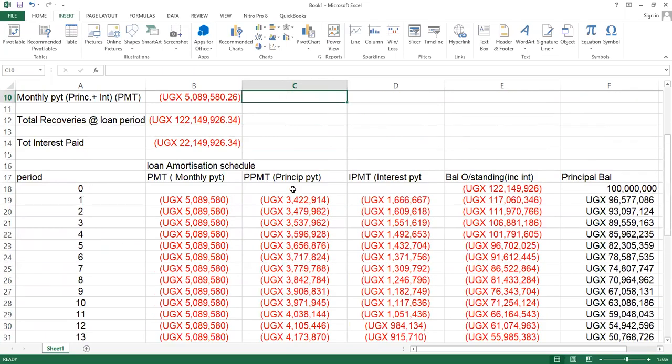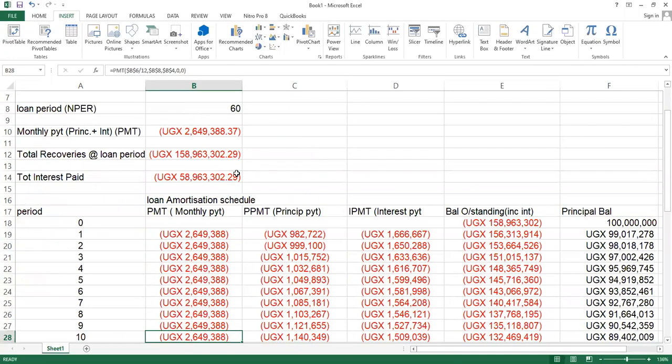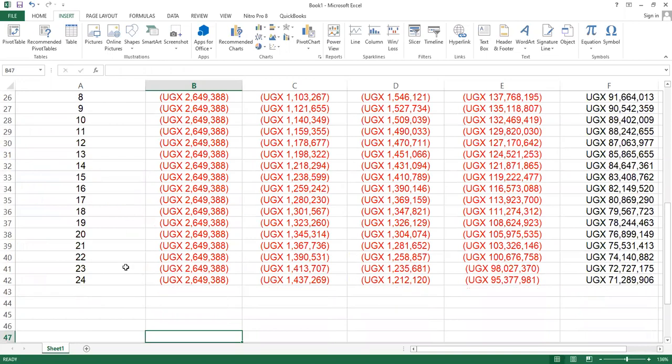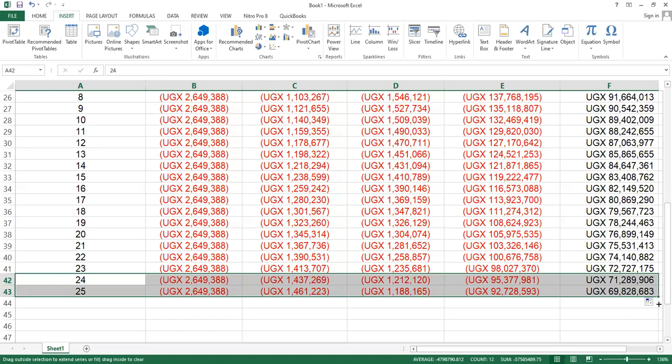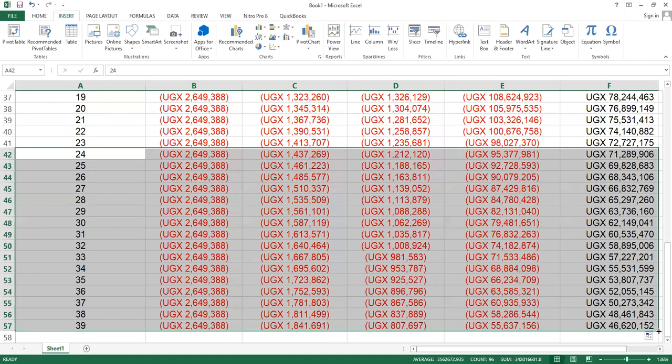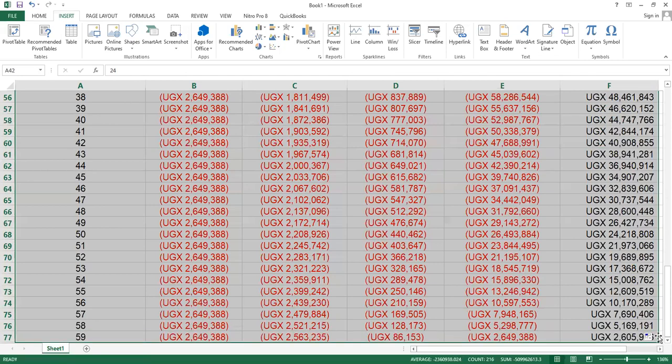Now, assuming the period has gone to 60, you'll find that after 24, the balance is not yet paid. So if I scroll down up to 60, you'll find that now I would have paid to 0.